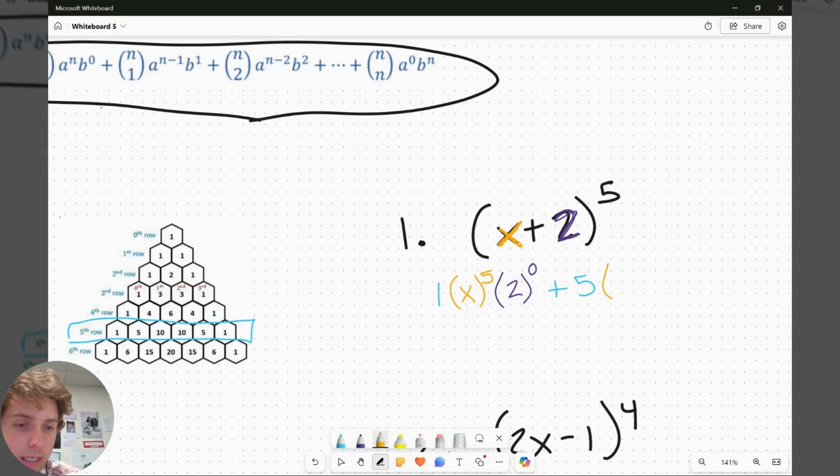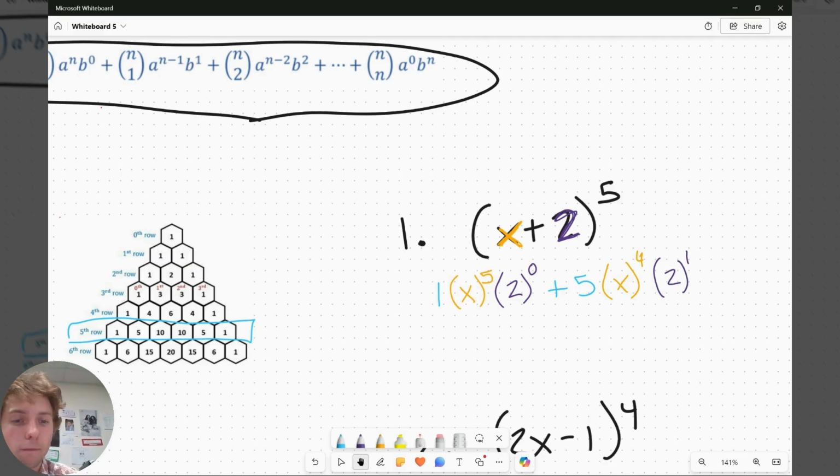So I have plus 5. Now I need my x again, the first term, but our degree on the last one was 5. So as you write the first term, the degree always goes down by 1. So first term was x to the 5th. The second term is now x to the 4th. When we do that, the second term is just doing the opposite. Its degree, its exponent, is increasing.